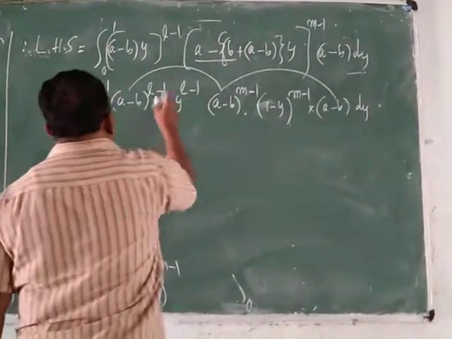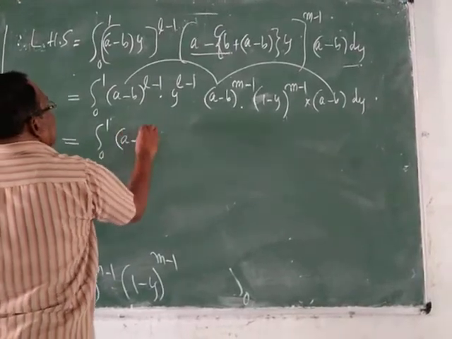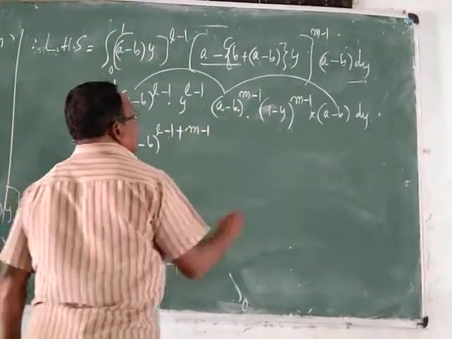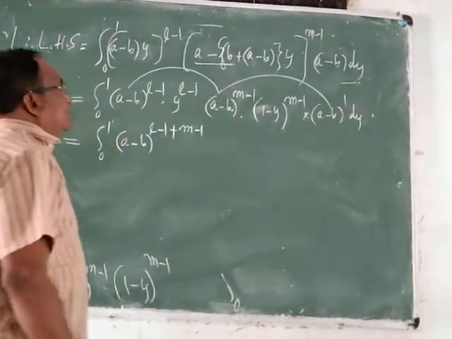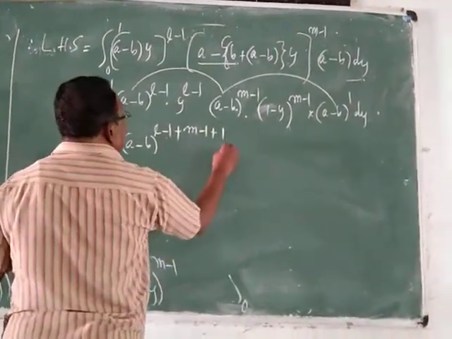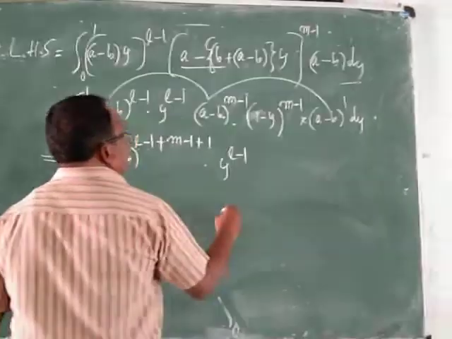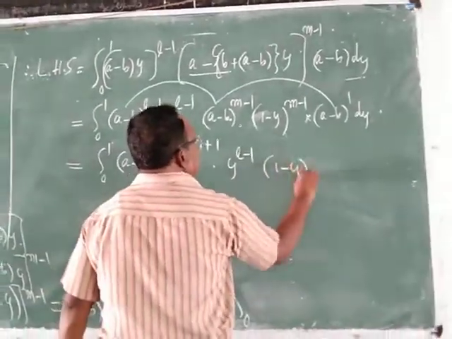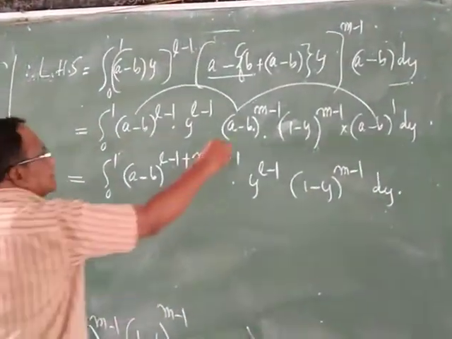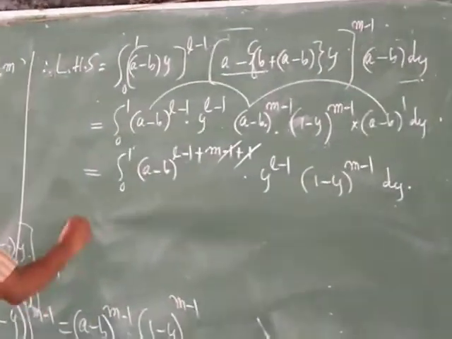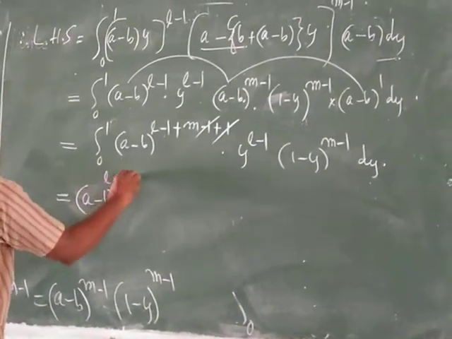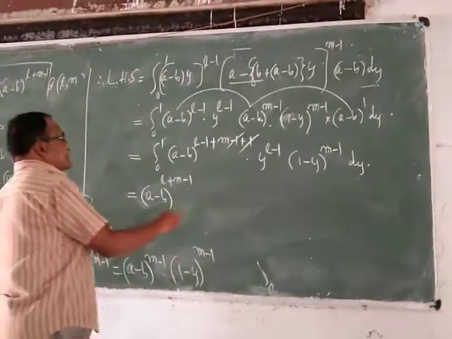It is (a minus b) whole to the power l minus 1 plus m minus 1 plus 1, into y to the power l minus 1 into (1 minus y) whole to the power m minus 1 into dy. Of course, as usual, minus 1 plus 1 cancels. This gives (a minus b) whole to the power l plus m minus 1, and of course it is a constant.